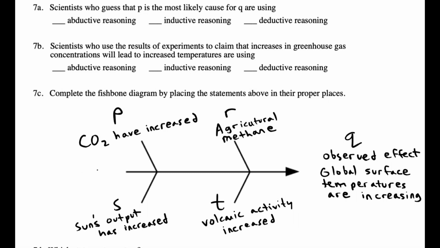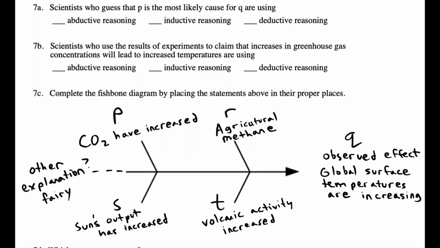And we always have to acknowledge, is this an exhaustive list? Like, these are the only possibilities that it could be? Well, in the fishbone diagram, we always acknowledge that there could be some other explanation that we didn't think of. It could be something as crazy as a fairy performing magic on the atmosphere, making it hotter because the fairy just hates us or something, you know?